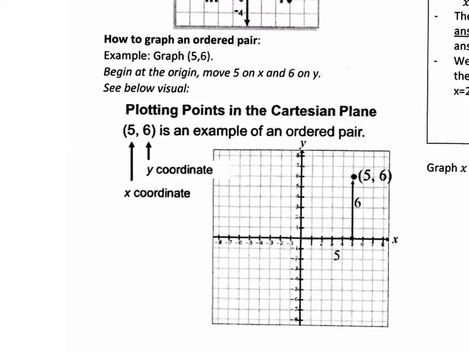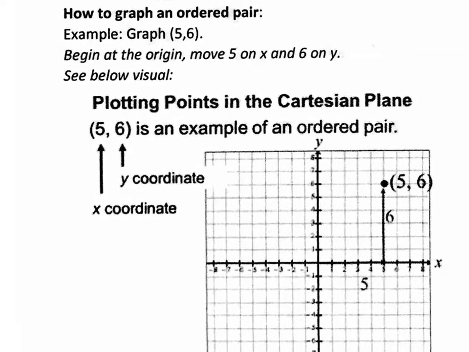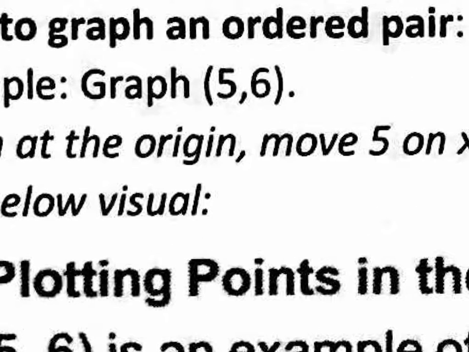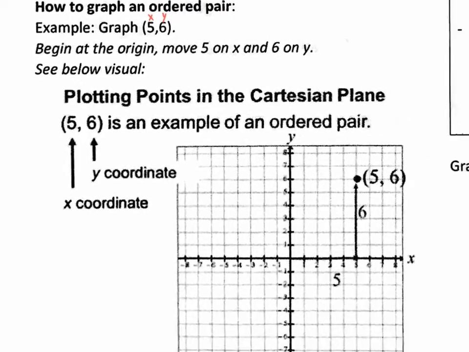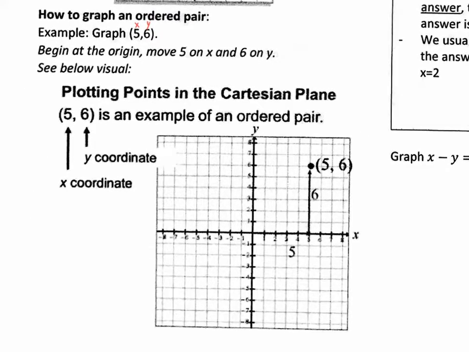So how to graph an ordered pair is right here, and again this should all be a review. To graph the coordinate 5, 6, we first need to understand that the x value is 5 and the y value is 6. So go to your x-axis to the value of 5, go to your y-axis to the value of 6, and that'll be the location.